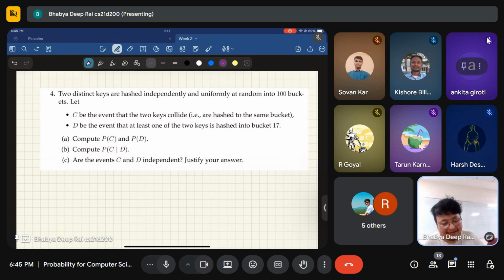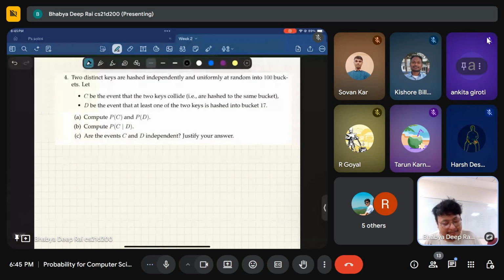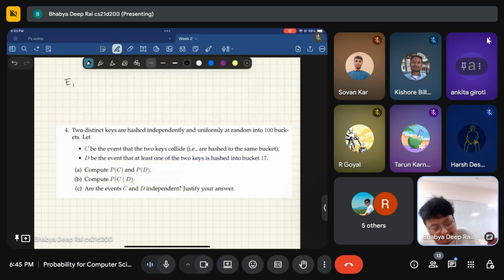So here is another good application of pairwise independence. By the way, what do you mean when events E1 and E2 are independent? Anyone?